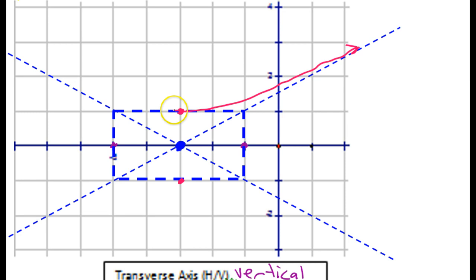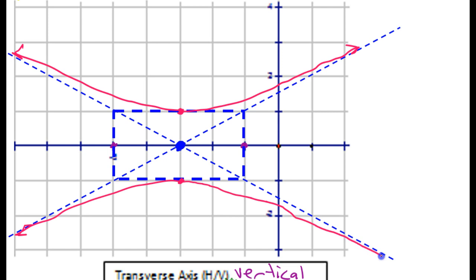All right, they should be approaching the asymptotes, so draw them getting closer and closer to the asymptotes. Okay, mine got a little janky in there, but this can be tough to do with an electronic pen, so I hope you'll forgive me. So this is what your graph should look like.